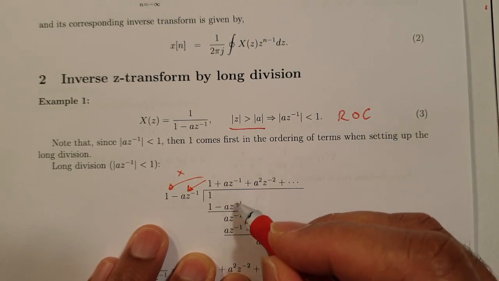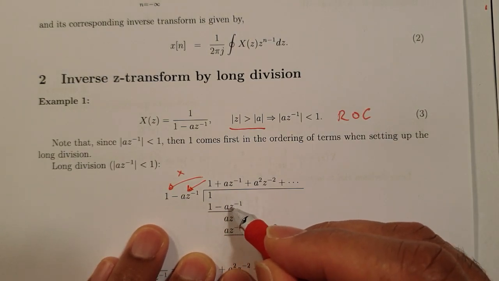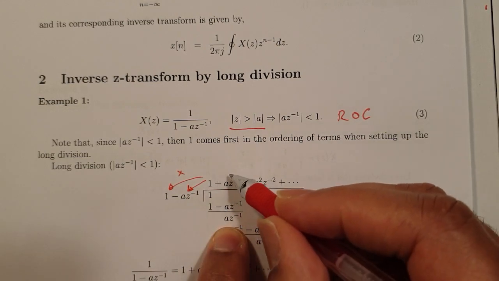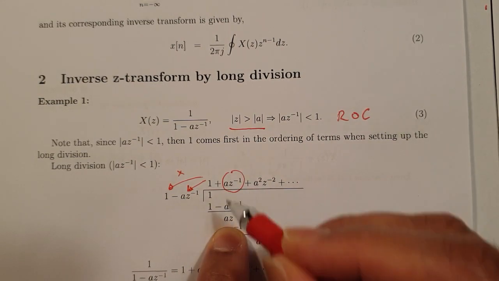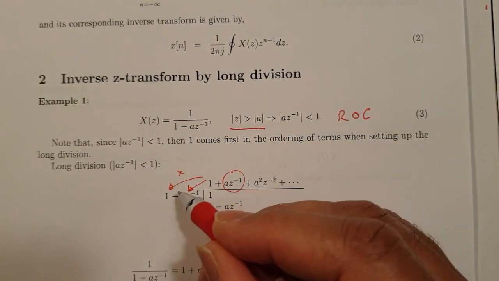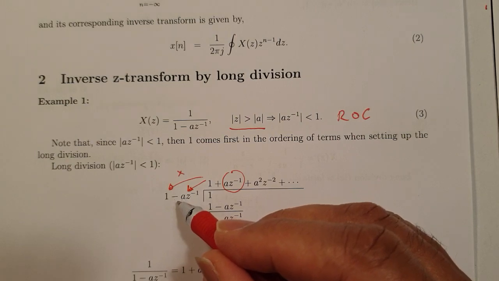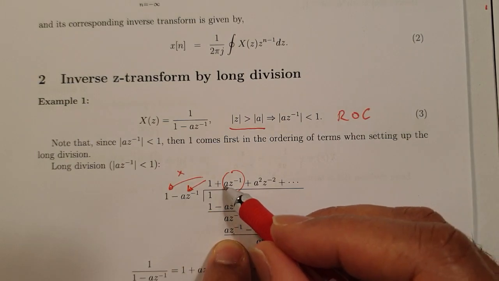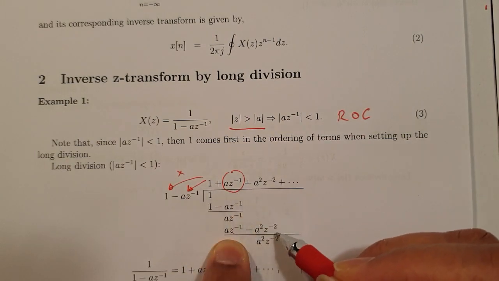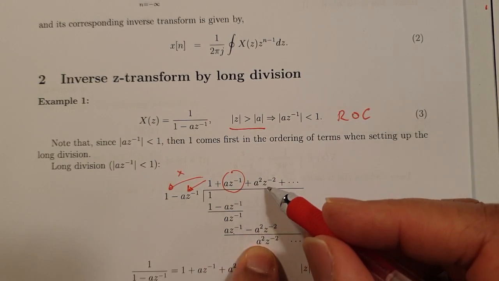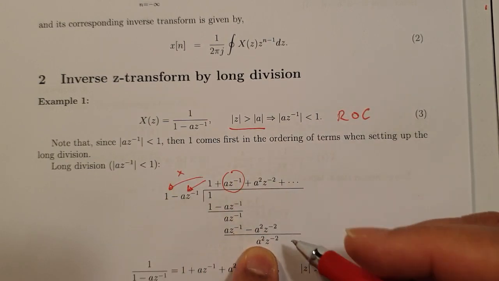I subtract, so this will be 0, positive. Now I'm dividing this by 1, so the result is this term itself. Then I do the same: multiply by 1, put it here, multiply by this. Now I have a negative term here, a squared z to the minus 2. Subtract again and divide again, I get this. I could have continued multiplying.